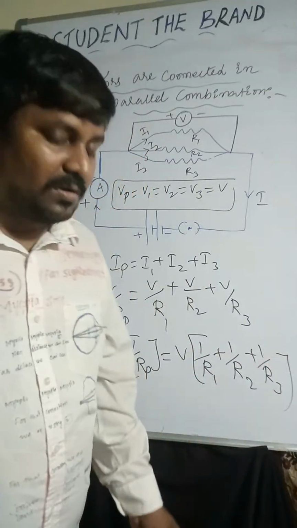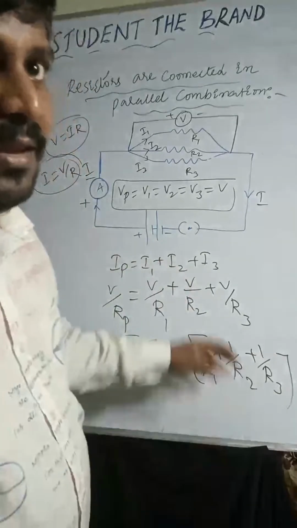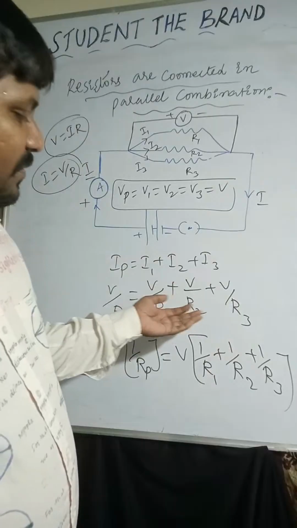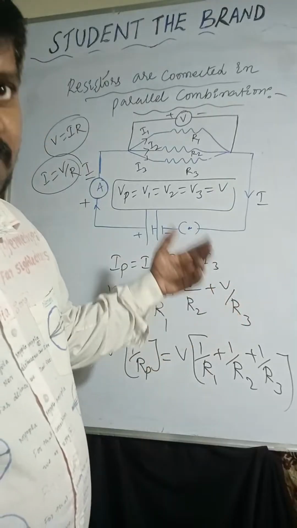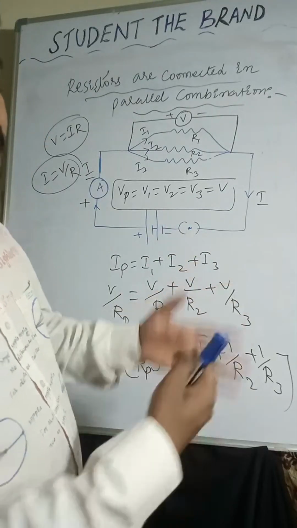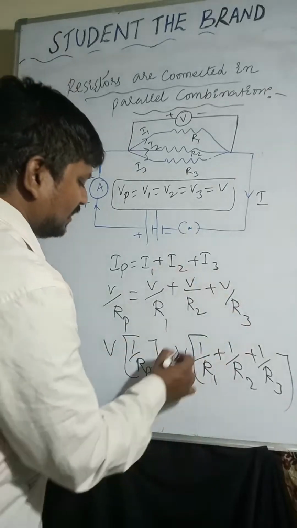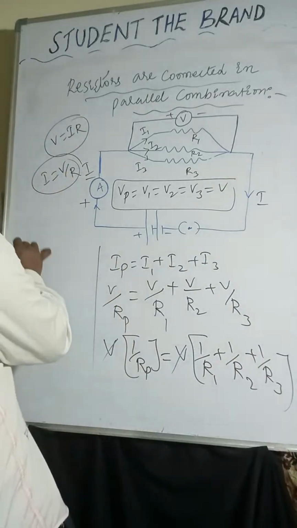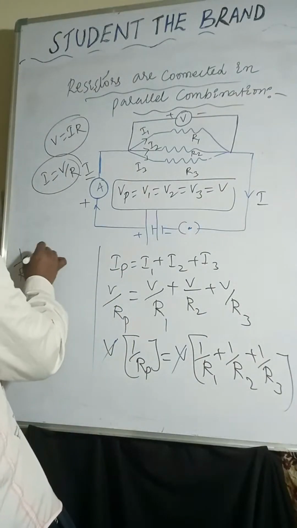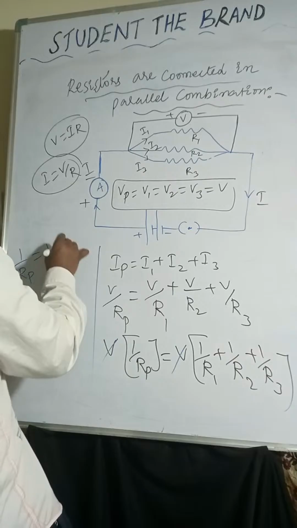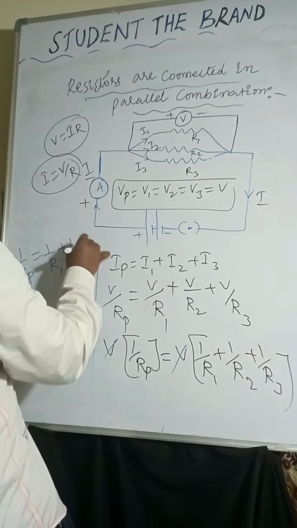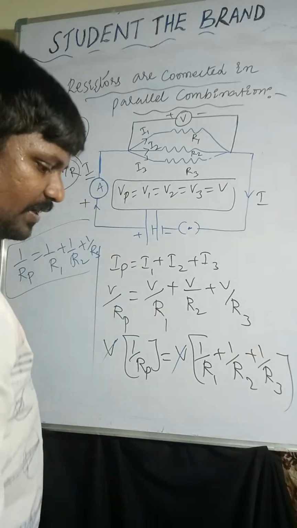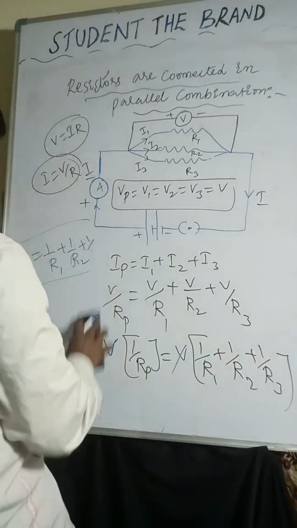So everyone say bye to V, because I'm canceling it on both sides. Now 1 by Rp equal to 1 by R1 plus 1 by R2 plus 1 by R3. So this is the formula for resistors connected in parallel combination.